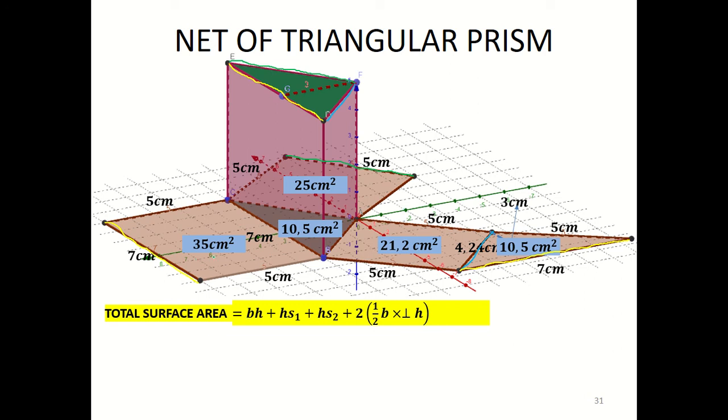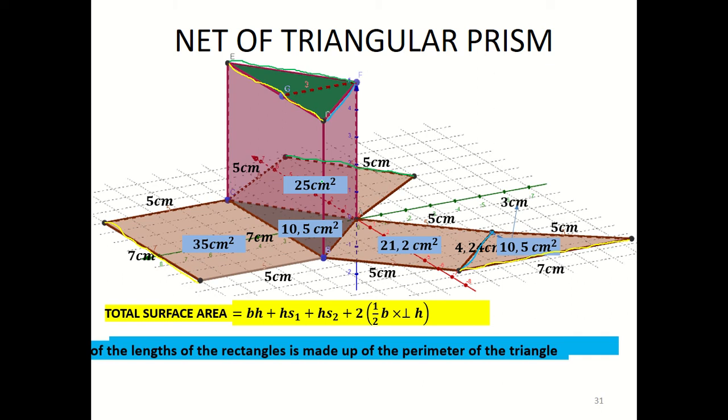The first one will be this. Height times side will simply be that. Height times side 2 will simply be that, and obviously the last part will be the area of the top triangle, but I'm going to multiply it by 2 because it is identical to the area of the bottom triangle. This is all I've said.